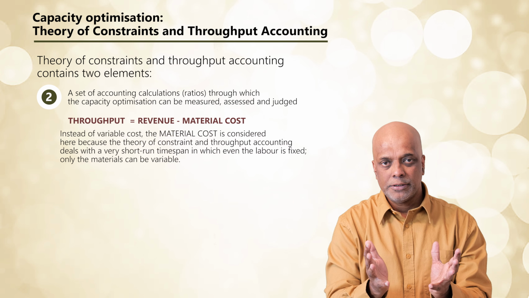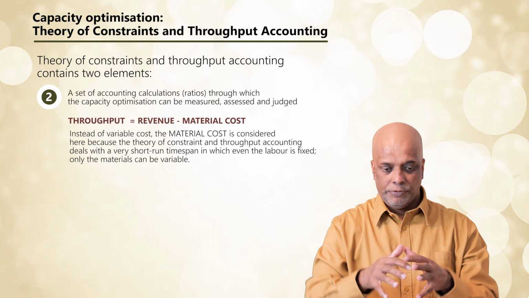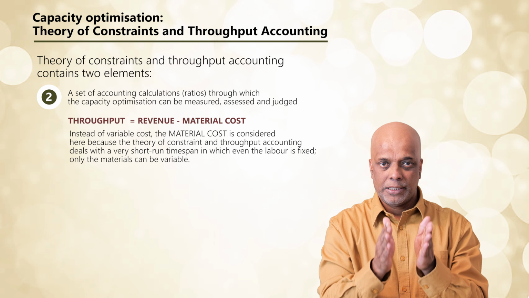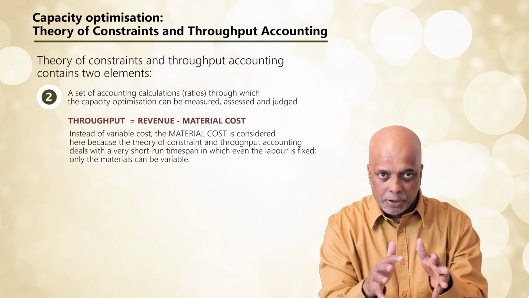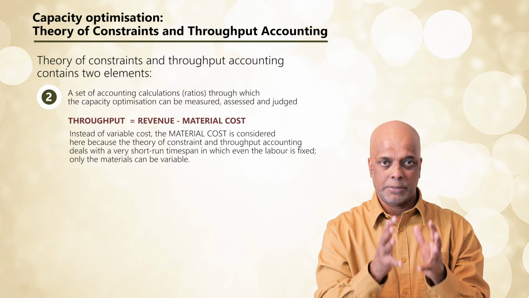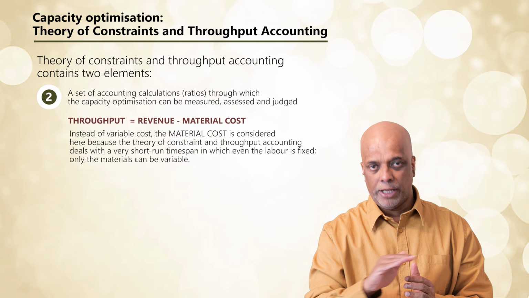That is because in theory of constraint and throughput accounting, we are dealing with a very short-term time span, an hour, a day, or a week, a particular production cycle. In that very short-term time span, it is only the material that is variable.